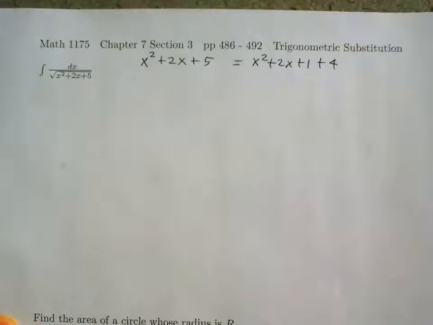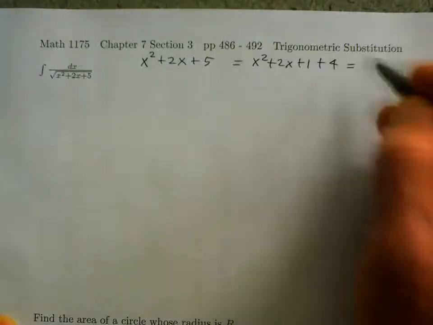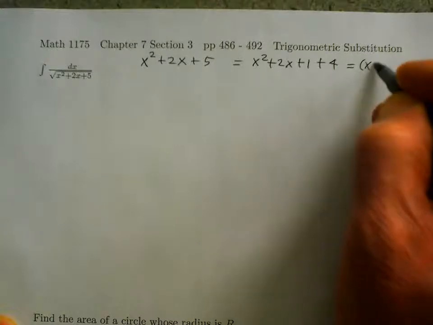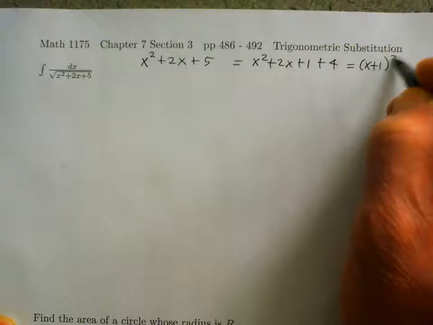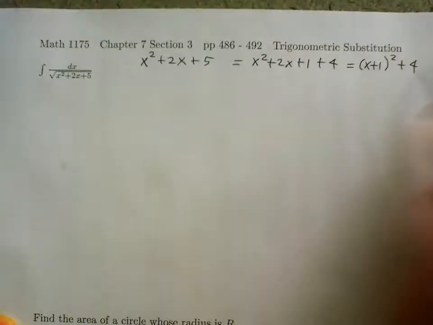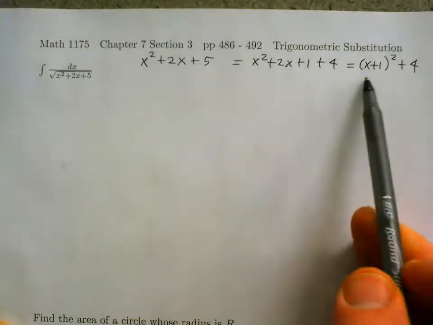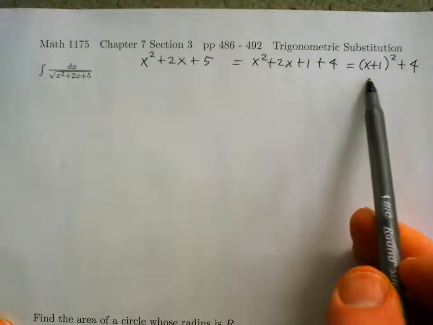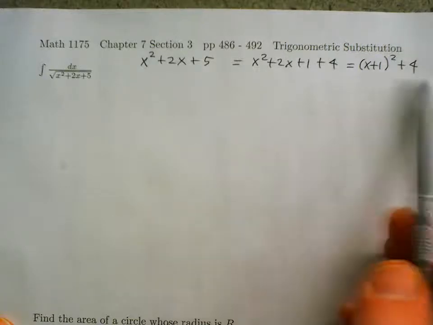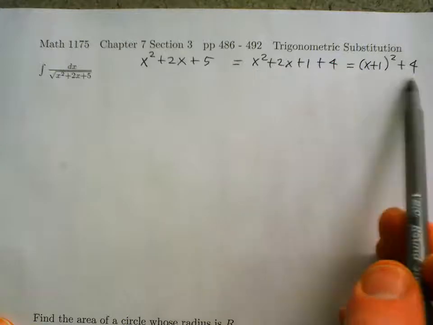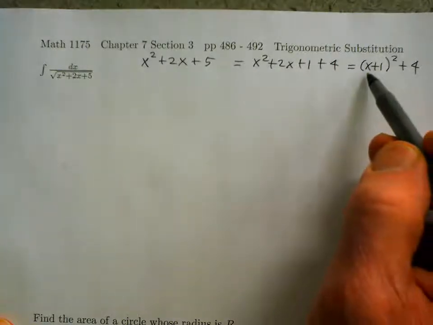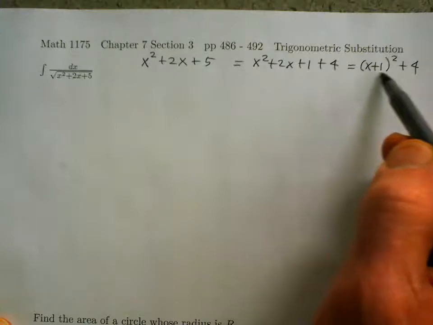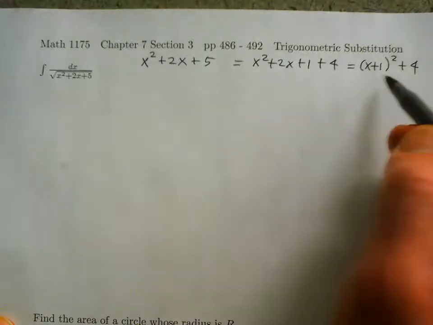The x squared plus 2x plus 1 is a perfect square trinomial, which means that it's equal to a binomial squared. In this case, it's x plus 1 squared. So our expression is transformed to x plus 1 quantity squared plus 4. And now we can use a trig substitution. So the quantity that we're squaring is x plus 1, but that doesn't present a problem.